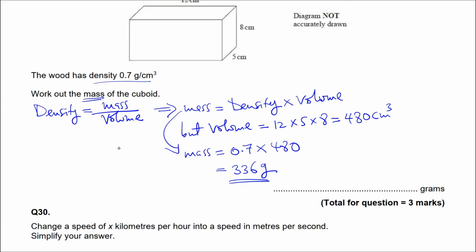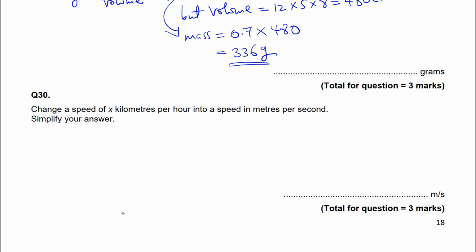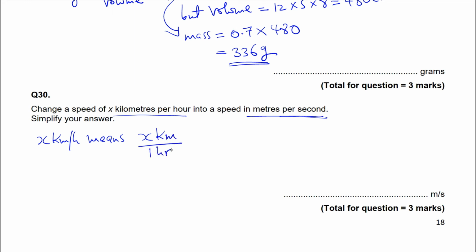Last question, we are required to change speed from kilometers per hour to meters per second. So x kilometers per hour basically means that you travel x kilometers in 1 hour.